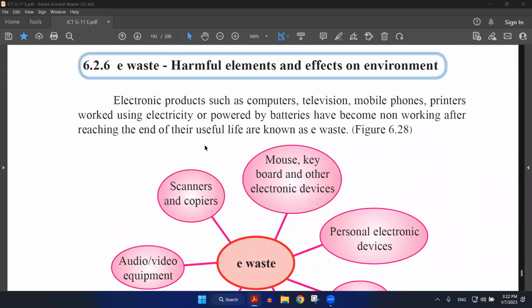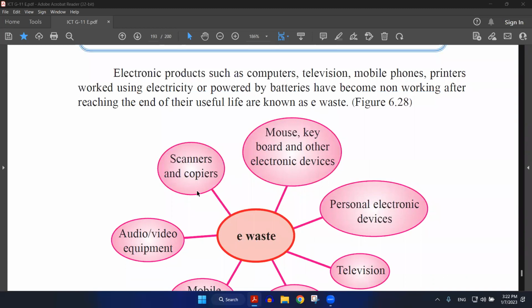Yeah. So the rest of the things is about talking about the e-waste, right? So when it comes to e-waste, the waste that is generated by electronic devices is called e-waste.